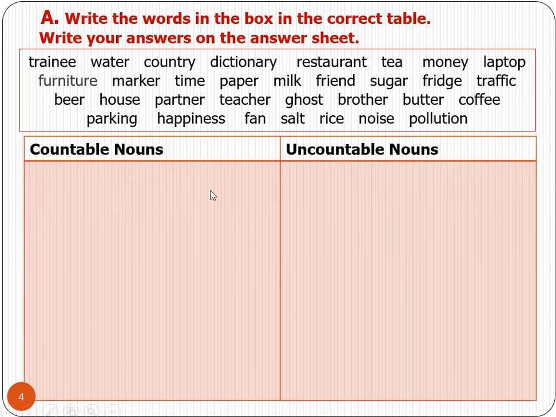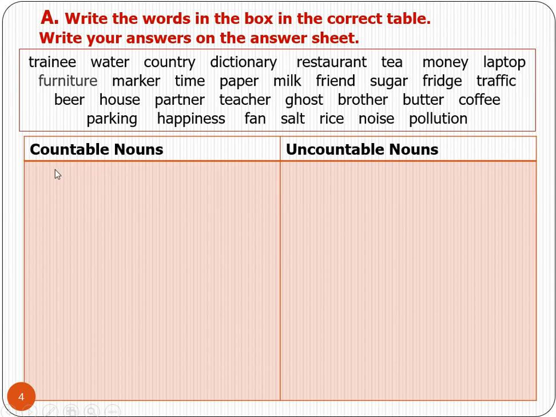Have a look at this. Countable nouns and uncountable nouns. So what is a countable noun? And what is an uncountable noun? Can you answer these questions? I hope so. So what is a countable noun?